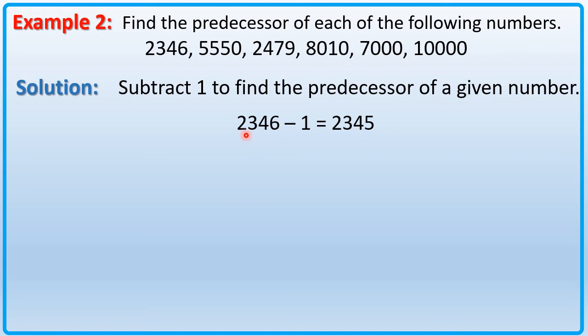That is 2346 minus 1 is equal to 2345, which is the predecessor of the given number.